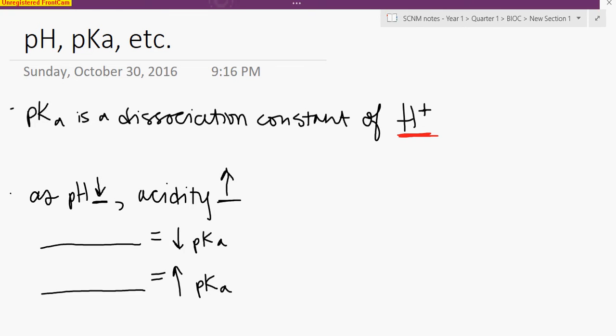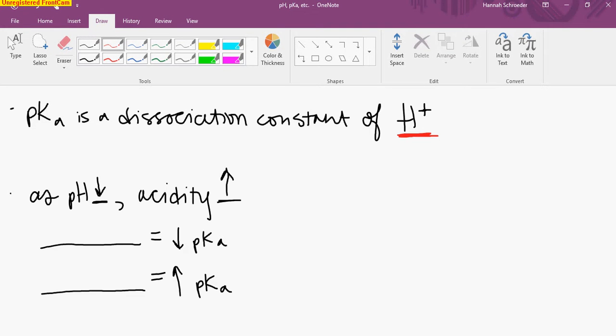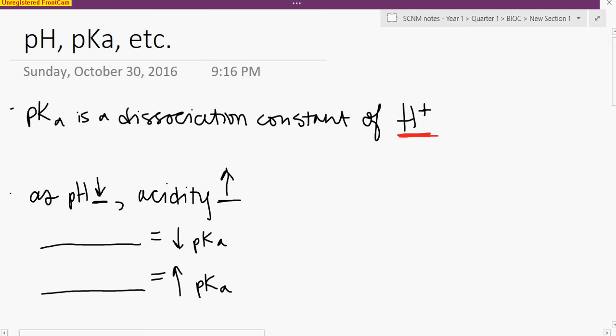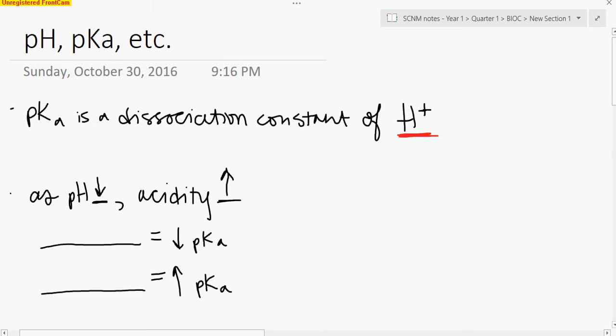So, a little rule of thumb, as pH decreases, acidity increases. That's something we're all probably pretty comfortable with at this juncture. But as pKa decreases, acidity increases.